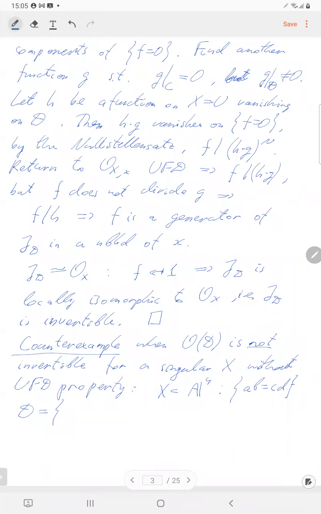Maybe A equal to 0? It's fine, but it's good, you see, because it's cut out by just one equation. So by the very definition, O of D will be an invertible sheaf generated by this very equation, A equals 0, right? So we need something worse than that.